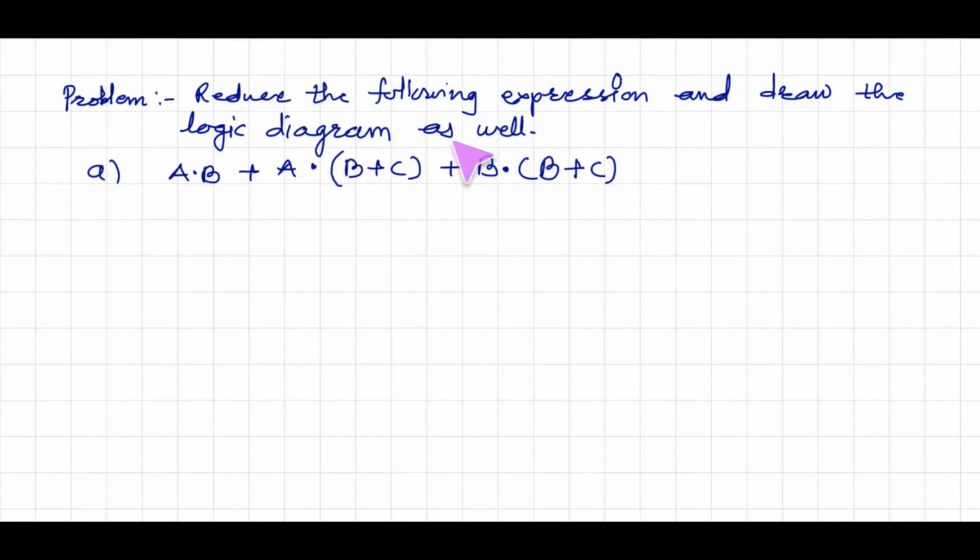Now let us consider what a Boolean expression is, how one can draw the logic circuit using a Boolean expression, then how one can apply Boolean algebra to simplify this expression, and after simplification how we can construct the logic diagram or circuit using the modified simple expression.